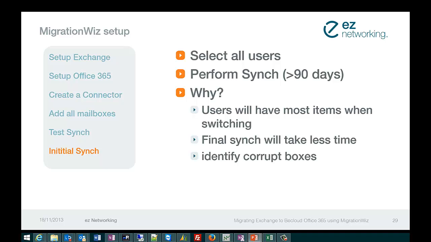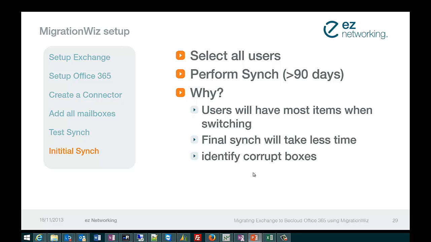Then the initial sync, we'll perform that well before the migration day. It's the same sync where we will migrate everything or copy everything which is older than 90 days for email, and the reasons why I've already mentioned before, except to identify corrupt mailboxes. If a mailbox is corrupt, we can find it out here, and MigrationWiz will tell us if a mailbox has been corrupted.